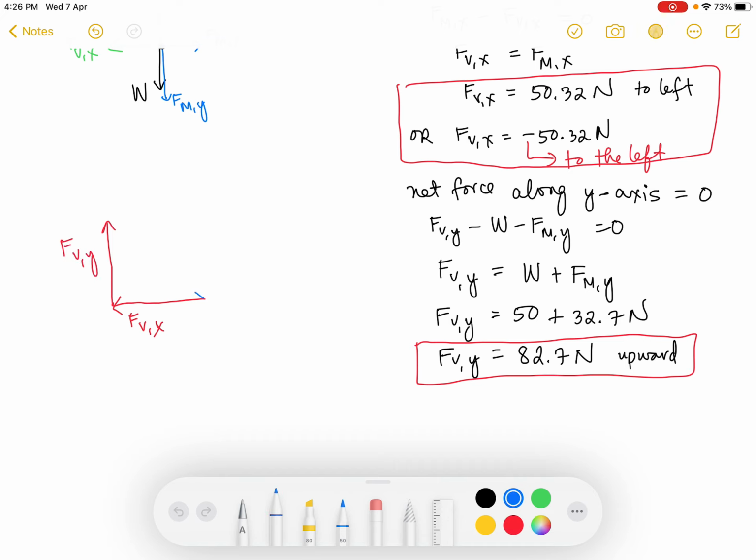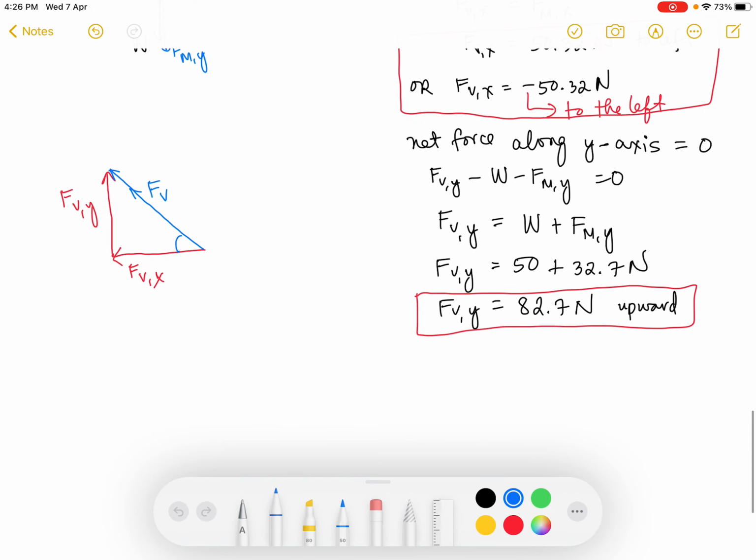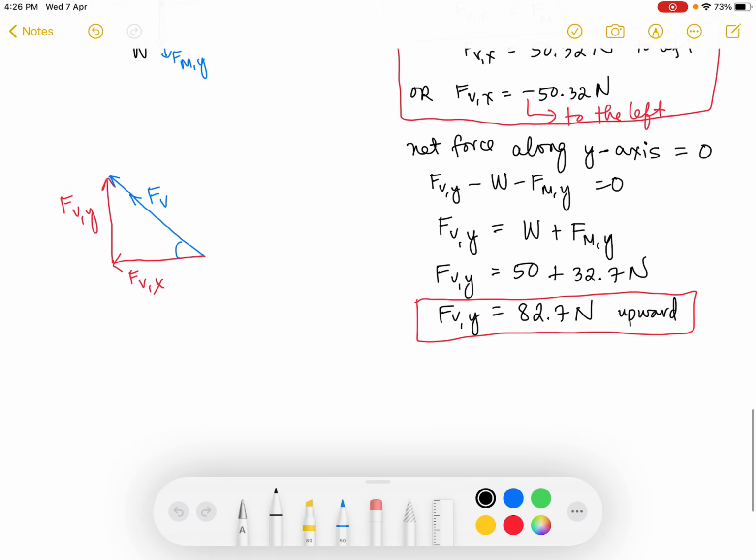Right, so the resultant force FV is the hypotenuse of this right-angled triangle. And that will be theta that we want to measure. So we know that if you have a right-angled triangle and we know two of the sides, the horizontal and vertical sides, then we can solve for FV, the hypotenuse, using Pythagoras theorem.